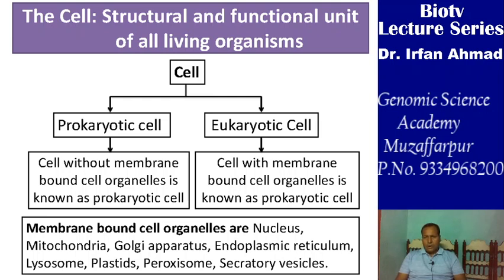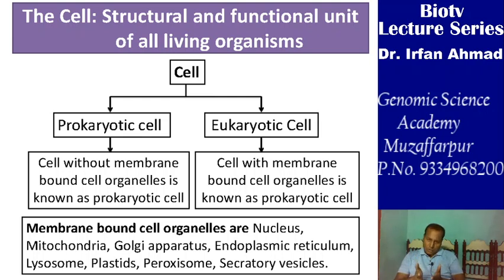mitochondria, Golgi body, endoplasmic reticulum, well organized nucleus, and other cell organelles. Cell organelles are intracellular compartments which are bounded by a membrane. That is, the membranous structures found inside the cell are known as cell organelles.